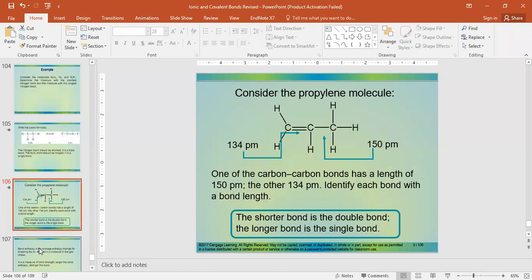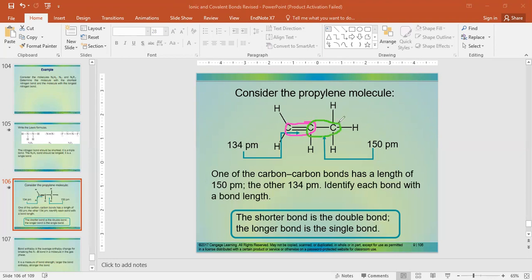And we can give some values, for example, here. Look at the propylene molecule. The propylene molecule is such that there is a carbon-carbon here with a double bond, and there is a carbon-carbon here with a single bond.